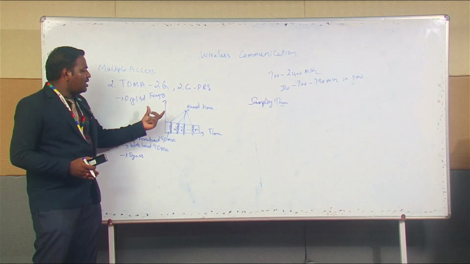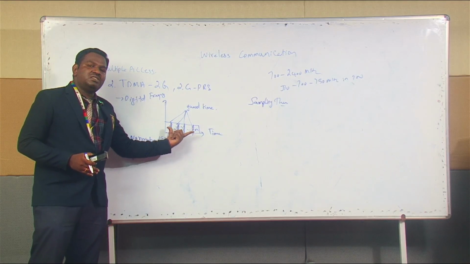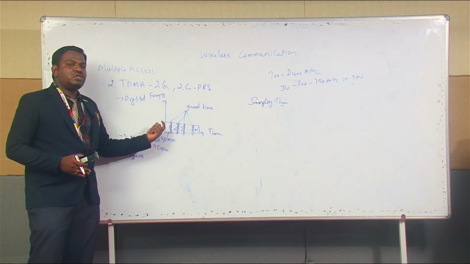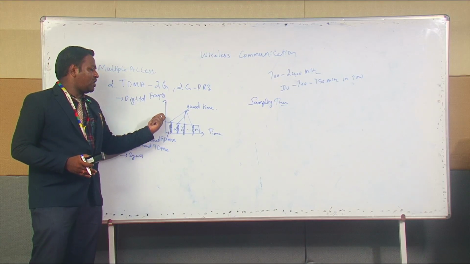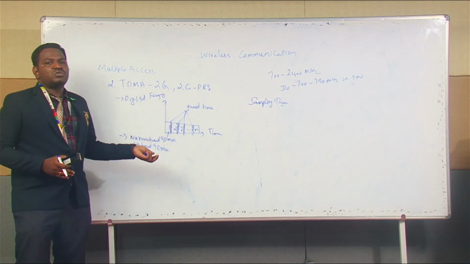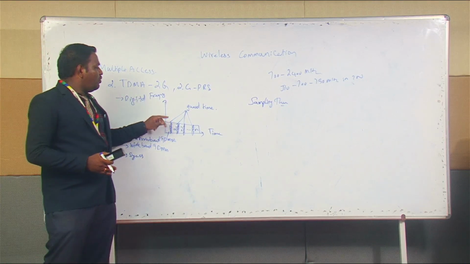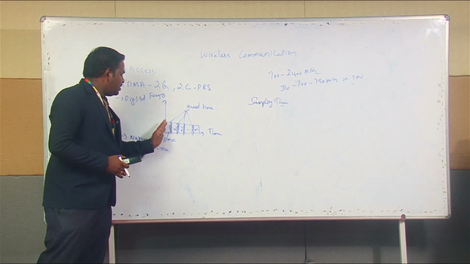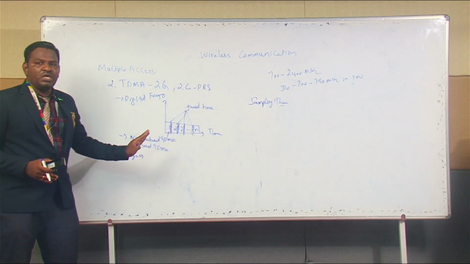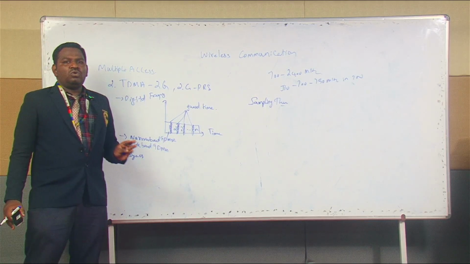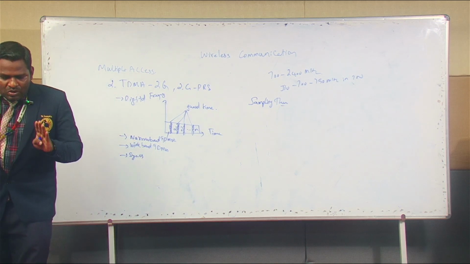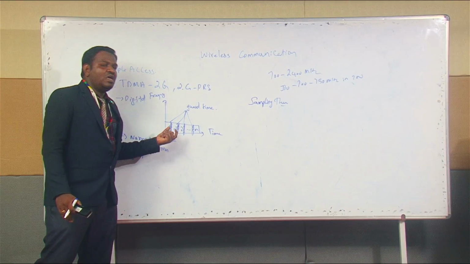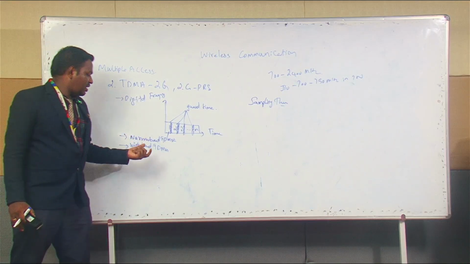The total available time is divided into sub slots, and each user is allowed to transmit in a particular time slot, and that goes on repeating. To avoid the interference between adjacent slots, we use guard time. Please remember, these guard times are only to avoid the interference and not to transmit any data.